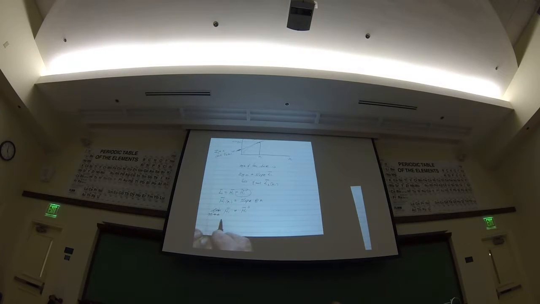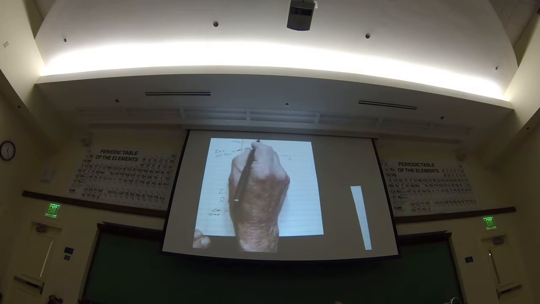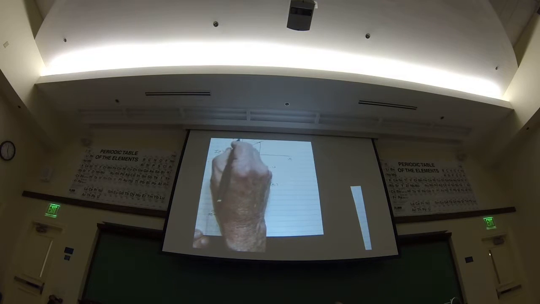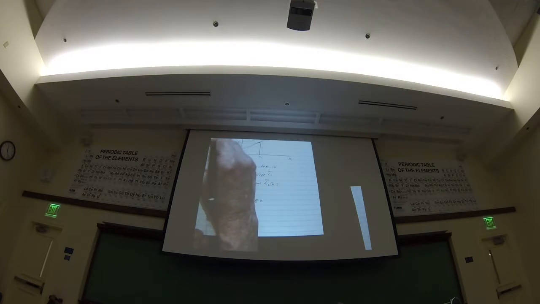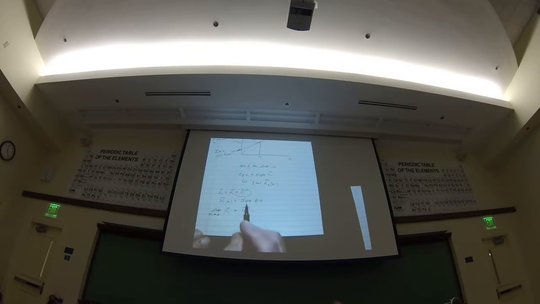But the intercept, you see what happens here. The intercept at dilution is equal to, what is that? That is clearly equal to 1 mole times L2 bar at dilution.